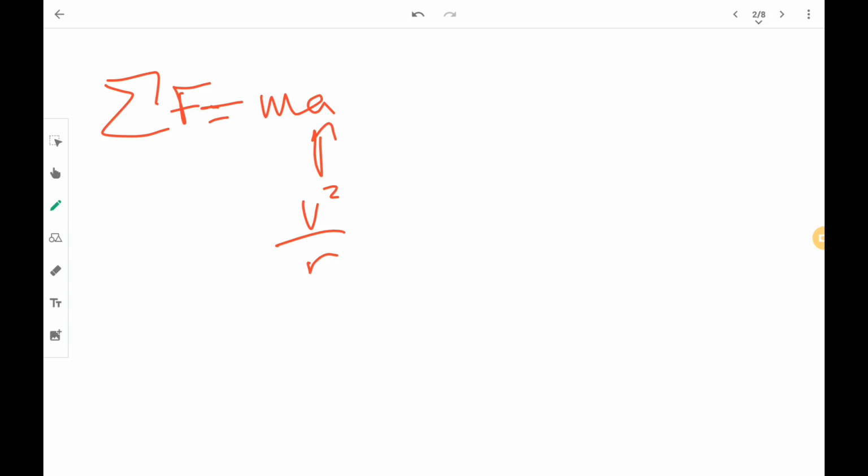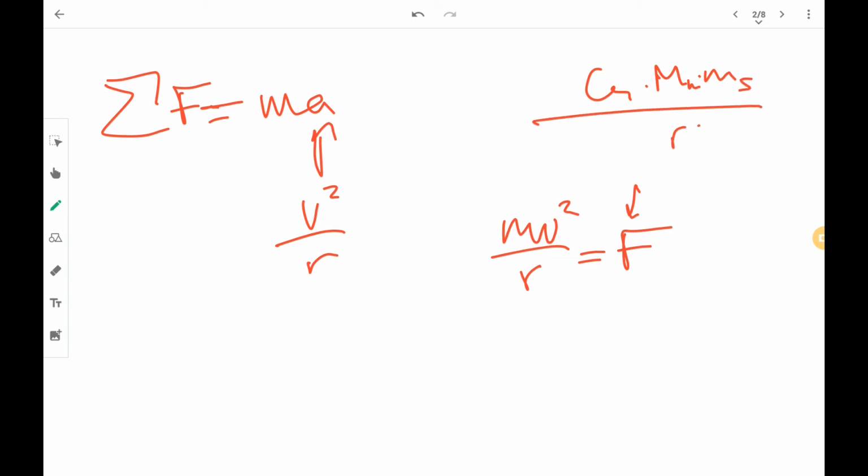So it's m v squared over r is equal to F, and this is equal to G times the mass of the moon times the mass of the satellite over r squared.